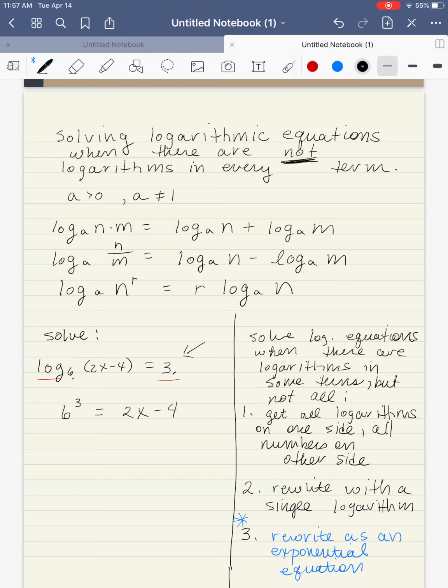And that is equal to 2x minus 4. And what we've done is we have converted an equation that was a logarithmic equation to an equation that is now just a linear equation, because we can find 6 cubed on our calculator, or just multiply 6 times 6 times 6, and we get 216.